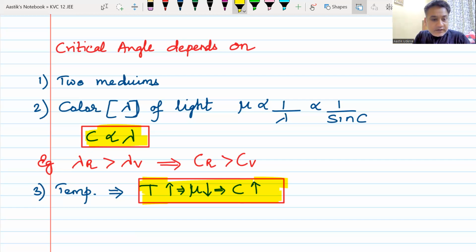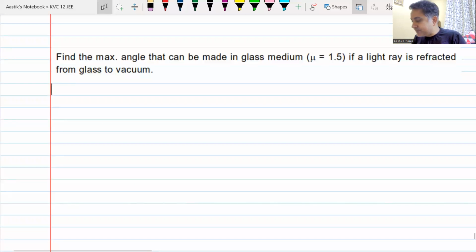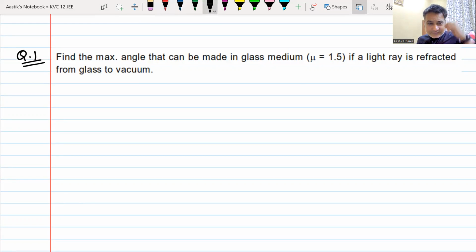Okay. Here is the question, and the question is pretty simple. Find the maximum angle that can be made in glass medium. Refractive index is 1.5, if the light ray is refracted from glass to vacuum. I think this is from your module. Find the maximum angle that can be made in glass medium if the ray is refracted.